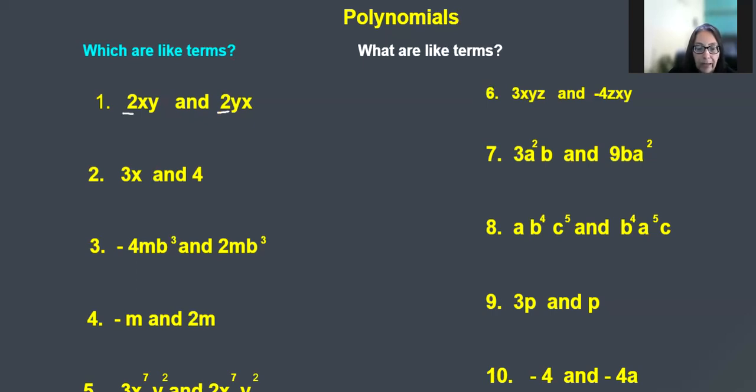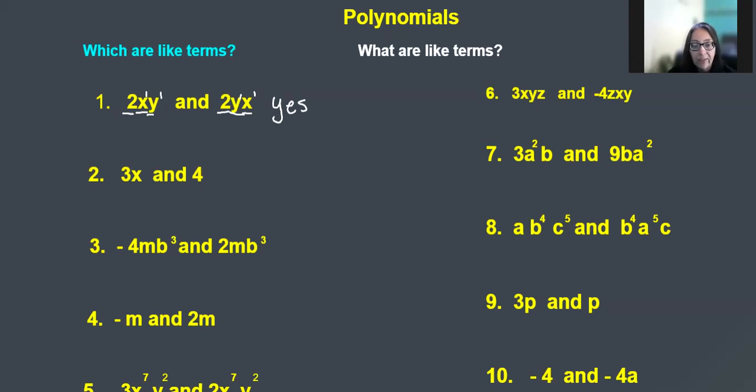This term has an x to the 1. If there's nothing there, it's understood to be a 1. Well, this one has an x to the 1. This has a y to the 1, and this has a y to the 1. So yes, they are like terms. It doesn't matter what the order of the variables is. It can be xy or yx. They're still like terms.